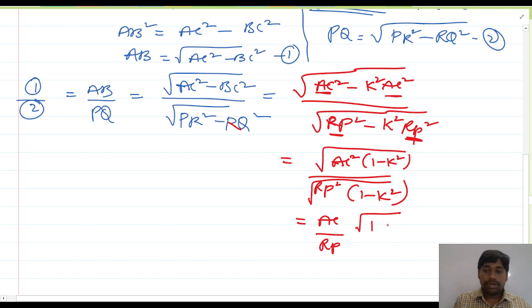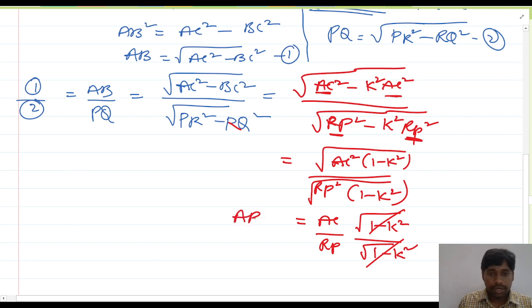So what is left is 1 minus K square by 1 minus K square, so both get cancelled. Then here we got AB upon PQ is equal to AC upon RP.